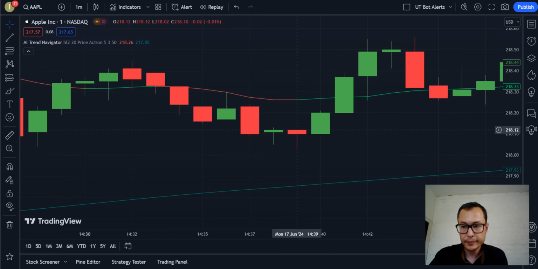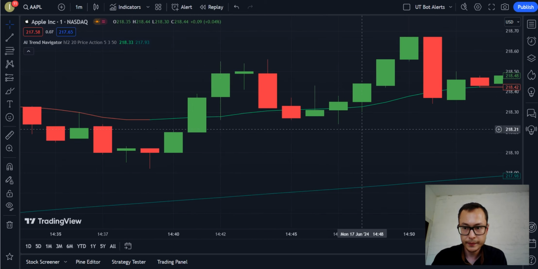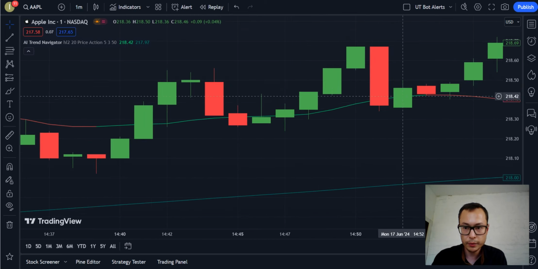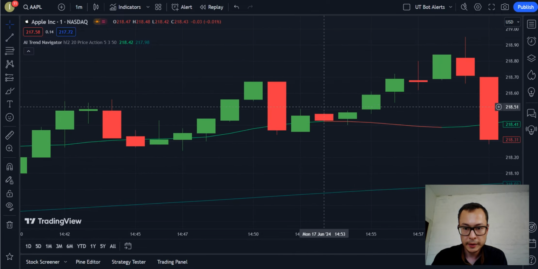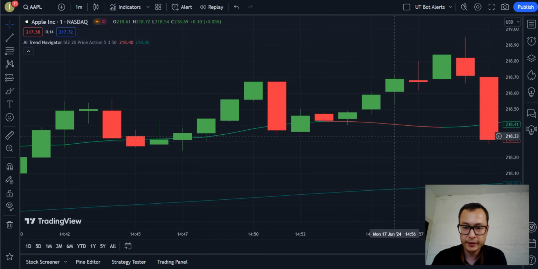And then after buying the Apple stock for $218.12, we would wait, and we fast forward to here. It shows a decrease in price, but we can disregard this red line as well because it's very subtle, very small.